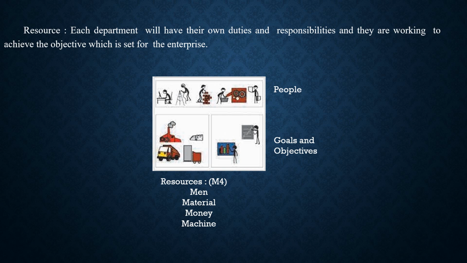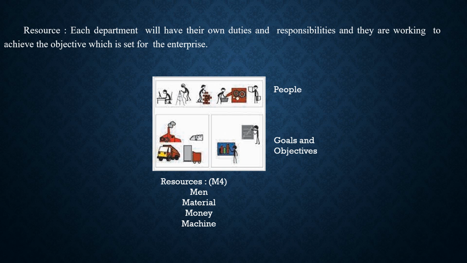CNC machines stands for computerized numerically controlled machine. So here the person gives the instructions, the programs are fed in the computers, and according to the product, how much product they want to manufacture today, as per that every day the instructions are provided to the machine. So here the engineer provides the instructions to the machine, and accordingly the machine works.